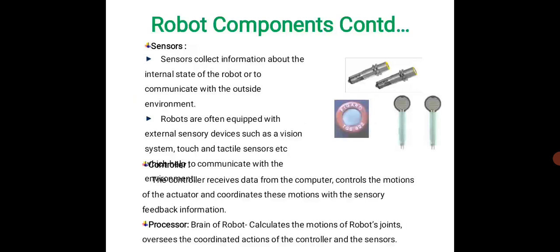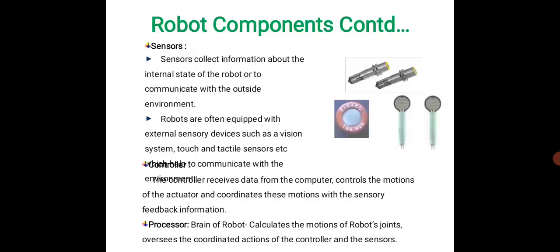And you have the processor and the controller. Of course, we know sensors. They collect all the information about the internal state of the robot and communicate it to the outside world. Robots are often equipped with external sensor devices such as vision systems, cameras, and touch and tactile sensors.